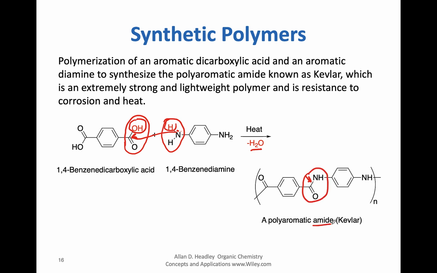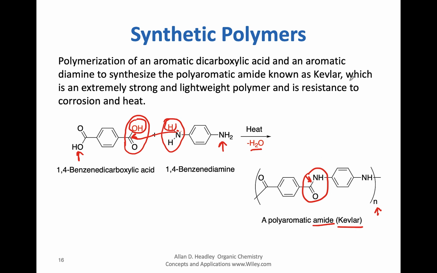So it's a polyamide. As you can imagine, here's another amine, and here is another carboxylic acid. So this reaction will continue, as shown here, N number of copolymerization to form this polymer known as Kevlar.